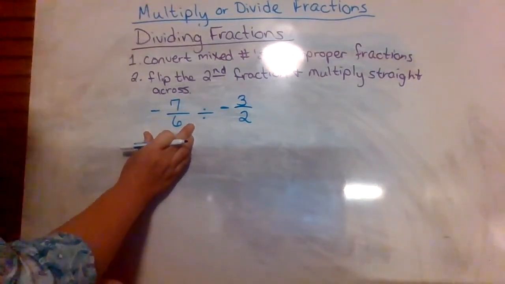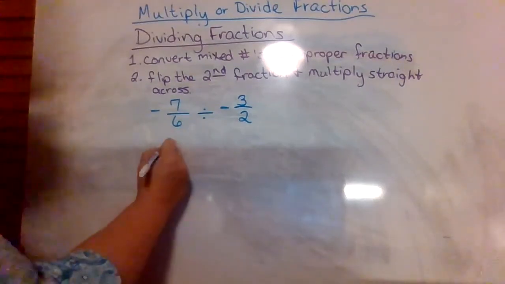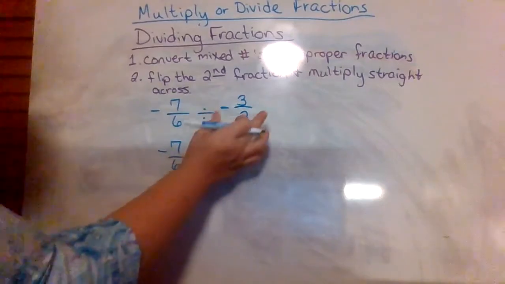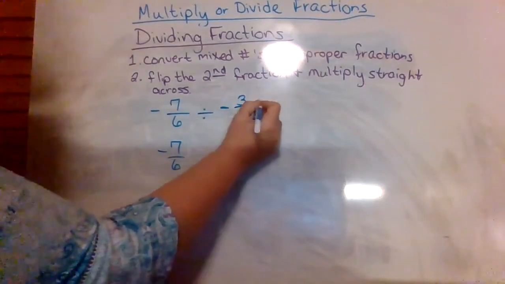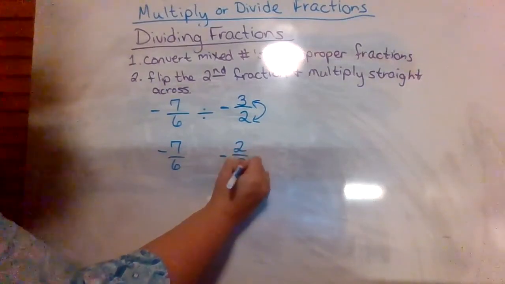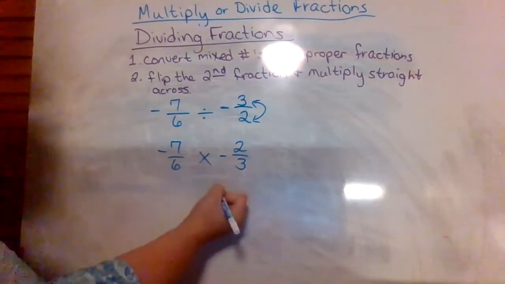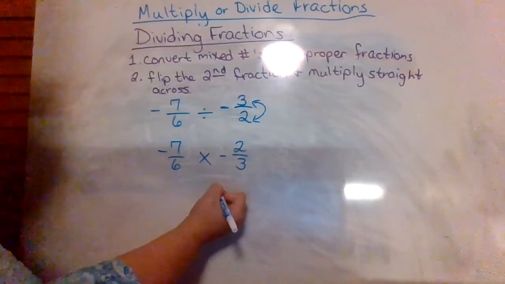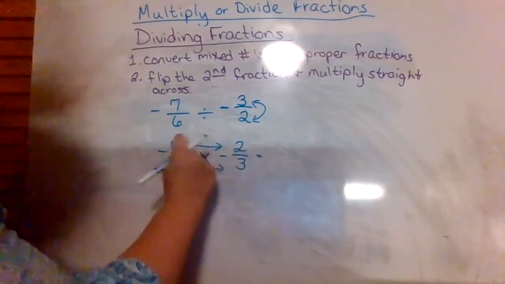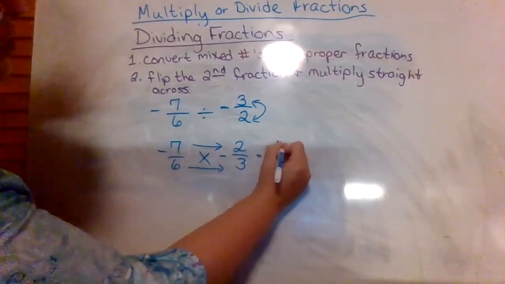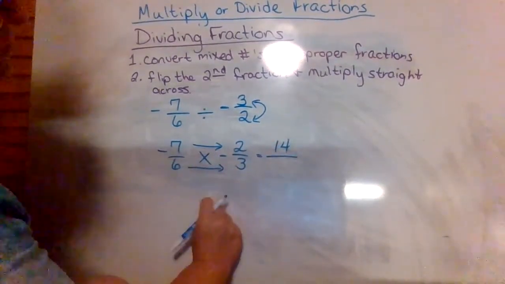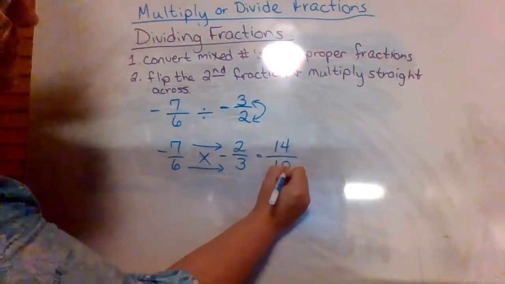It's stagnant. So it's just negative 7/6. The second one, we have to flip-flop it. So it's now negative 2/3. And then we multiply straight across. So we have 7 times 2, which is 14, divided by 6 times 3, which is 18.